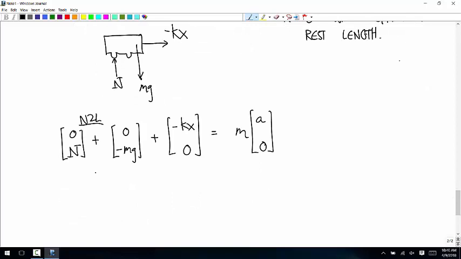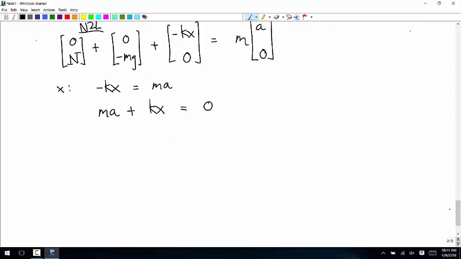So we really only care about the x component of this equation. So we get negative kx is equal to ma, or ma plus kx is equal to 0. And what we really want is to come up with a function, x as a function of time.